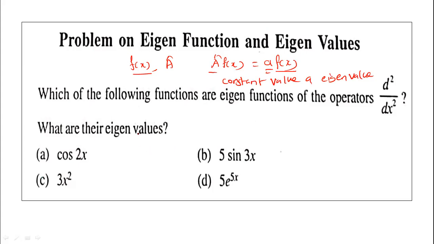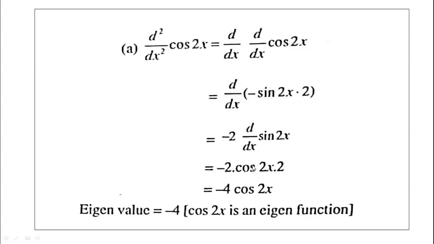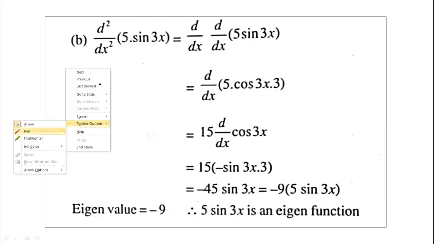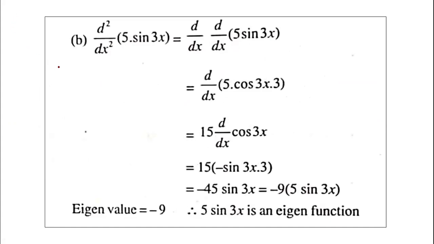So let us take an example. Which of the following functions are eigenfunctions of the operator d square upon dx square? Take this example: 5 sine 3x. First of all, let us write the rule for the eigenfunction and eigenvalue.